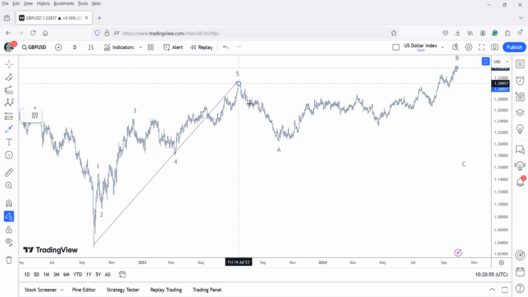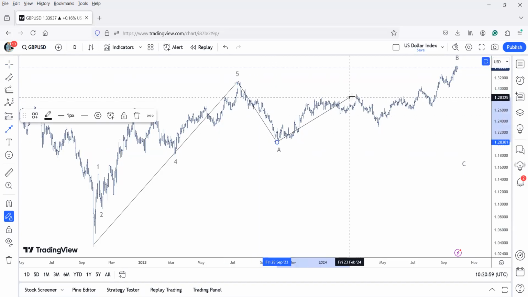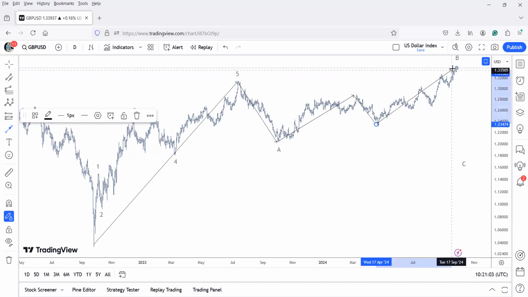I explained that would be one, and then three waves up, that is A, B, and C. So it's one, two, or maybe a WXY, whichever. That would be W, X, and Y of a lower degree.